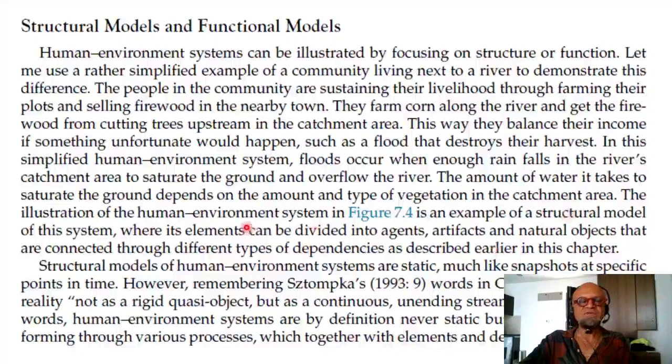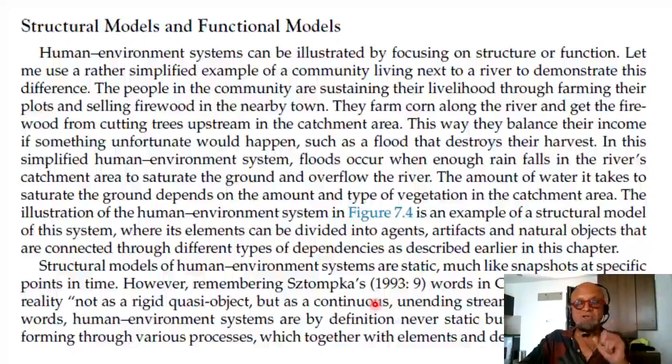The illustration of the human environment system in figure 7.4 is an example of a structural model of the system where its elements can be divided into agents, artifacts, and natural objects that are connected through different types of dependencies as described earlier in this chapter. Structural models of human environment systems are static, much like snapshots at specific points in time.